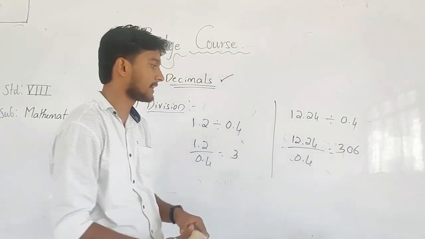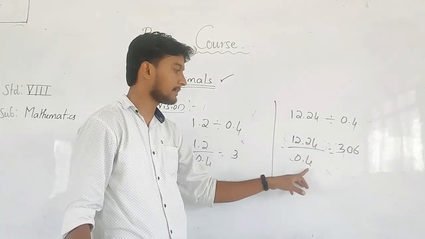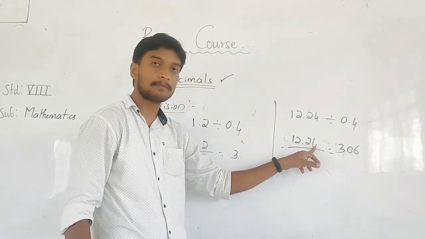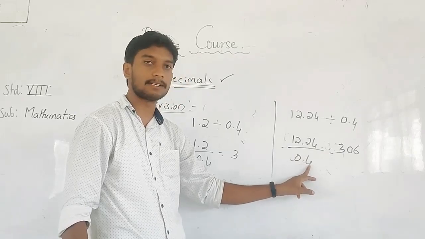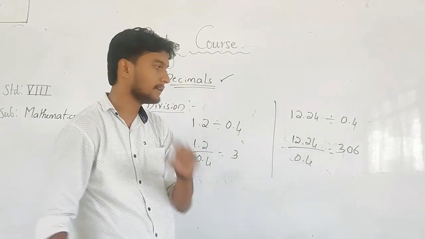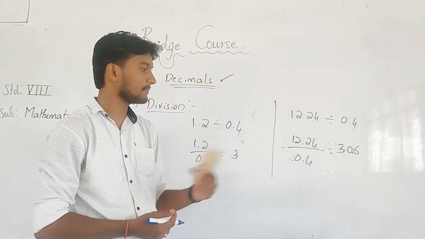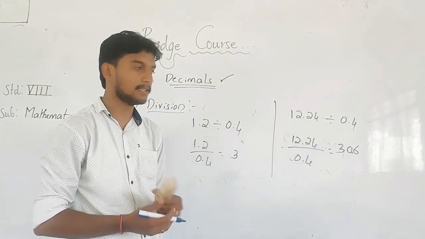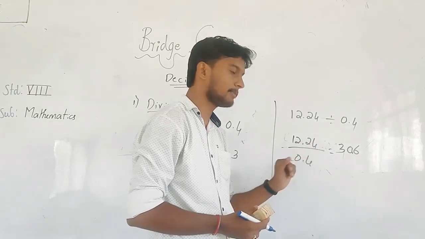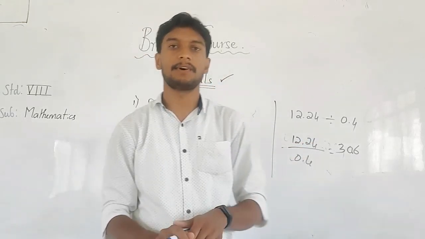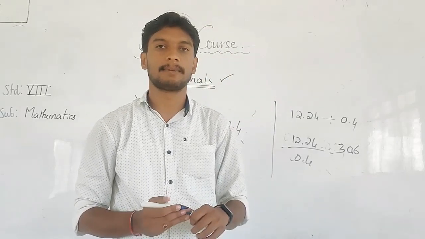So if you divide 1224 by 4, you are getting 306. After the decimal point, two numbers are there. After the decimal point, one number is there. So 2 minus 1 is 1. So the answer is 30.6. So 12.24 divided by 0.4 is 30.6. So like this, you have to divide the decimals.